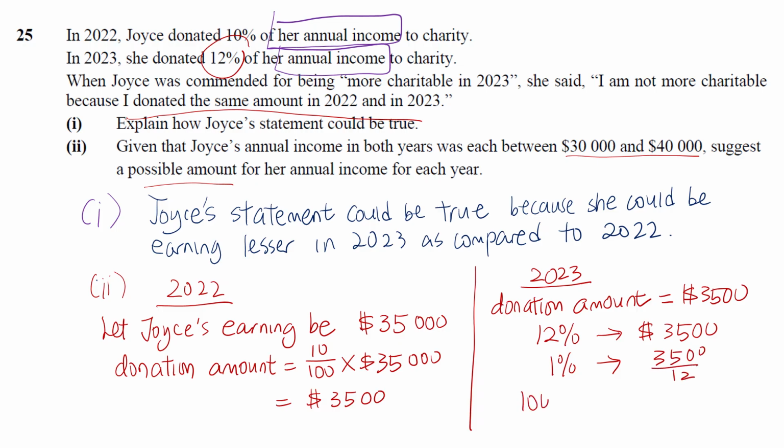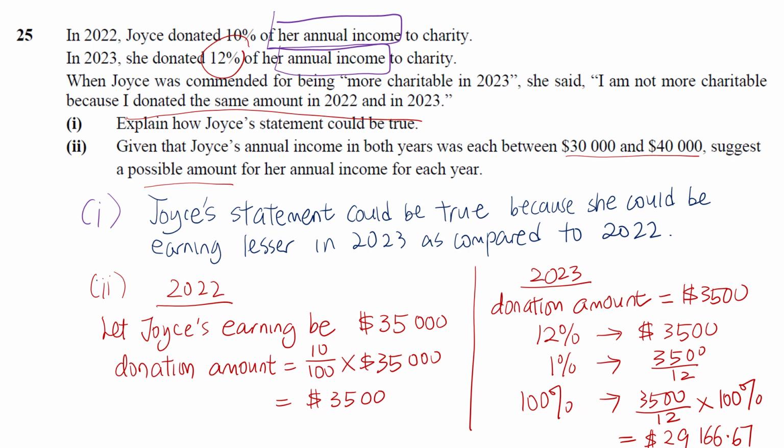And to find 100%, it will be 3,500 over 12 times 100%. That gives us 29,166.67 to 2 decimal places. Money is always expressed in 2 decimal places.